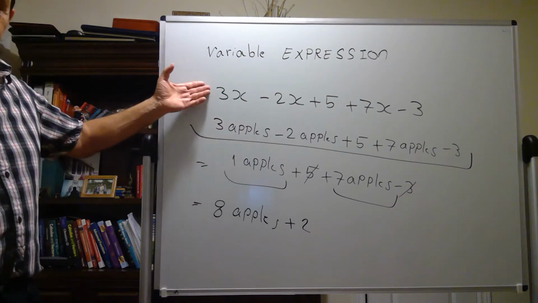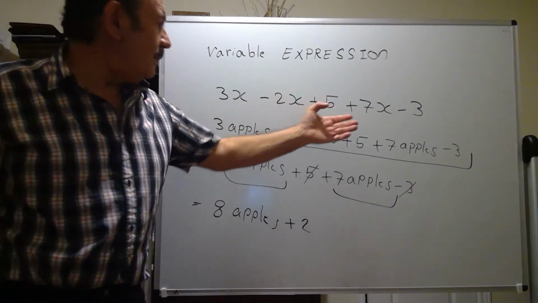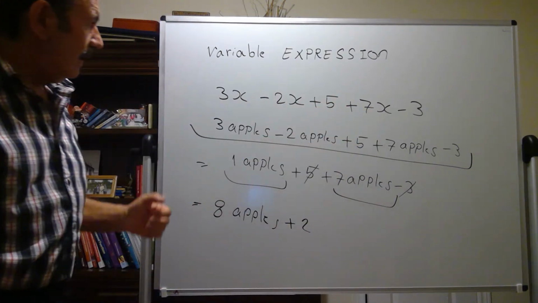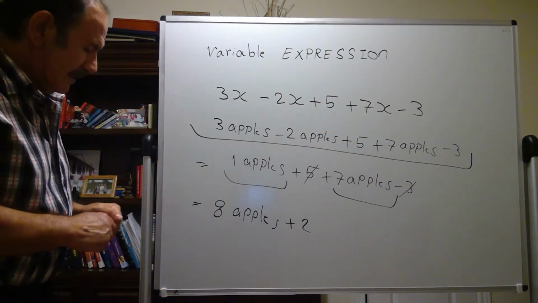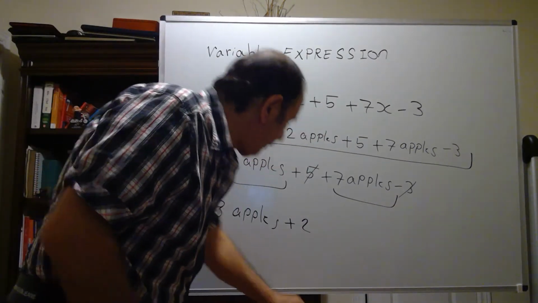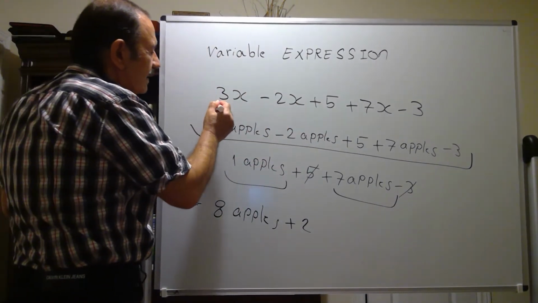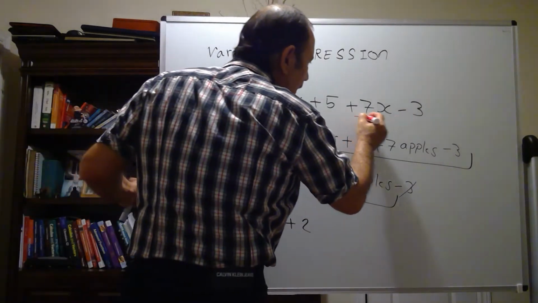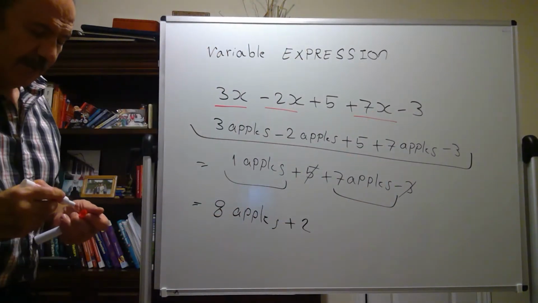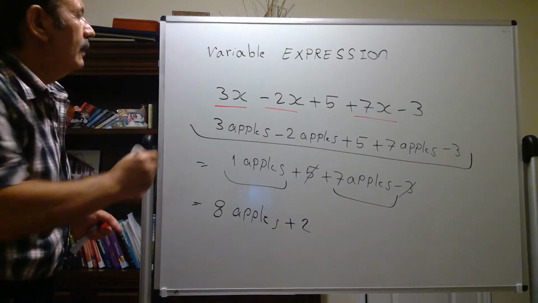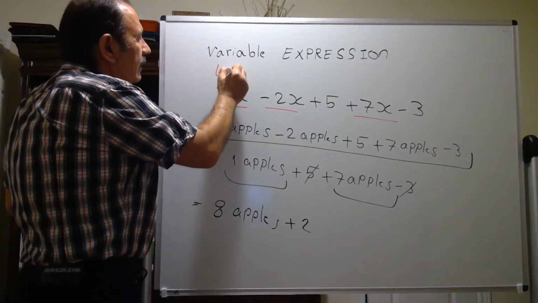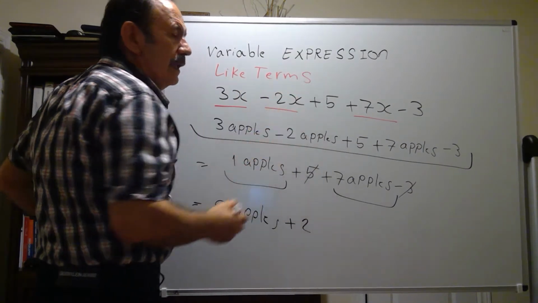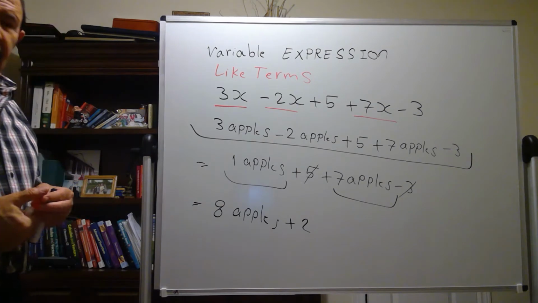Now, if I go back to the original expression at the beginning, 3x minus 2x plus 5 plus 7x minus 3, this 3x and this negative 2x and this positive 7x, we call them like terms.